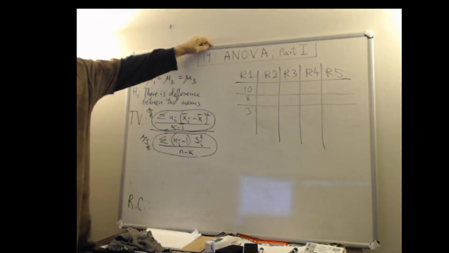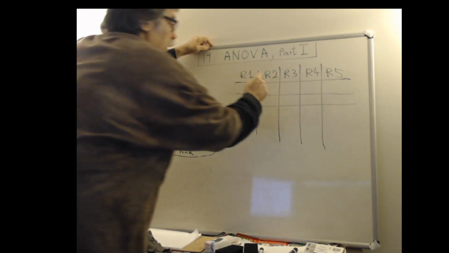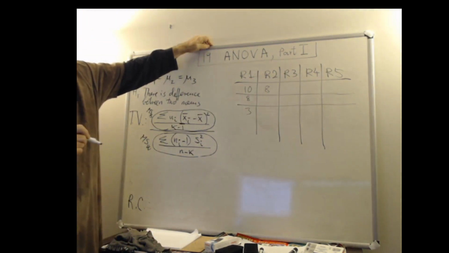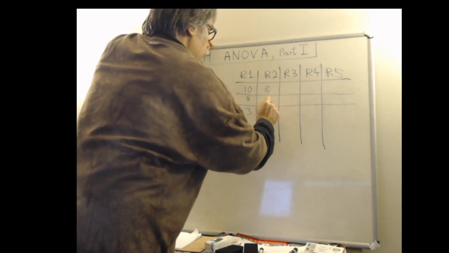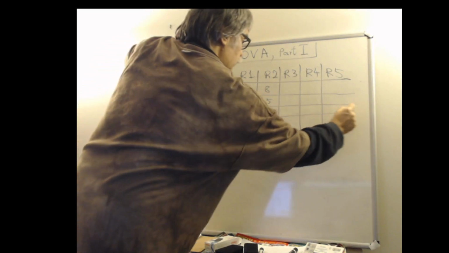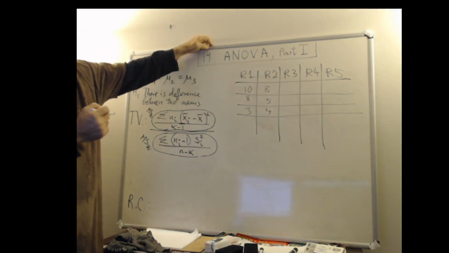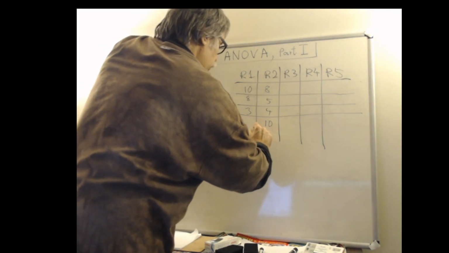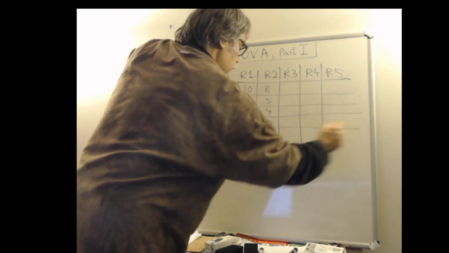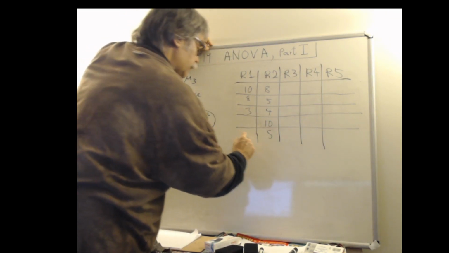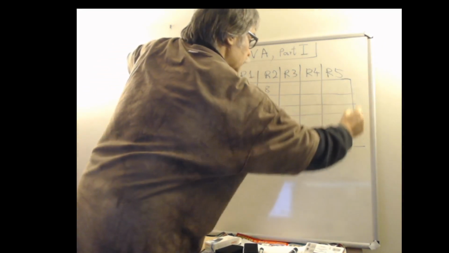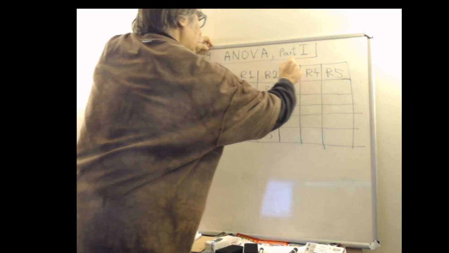Okay, that's row number 1. Row number 2, I have the first student 8 right, the second student 5, then another one 4, and I have 2 more students in this row. One guy got 10 right, everything right, and the another person has 5 right. Okay, so this is what kind of table I have.